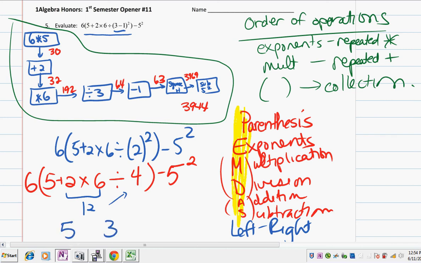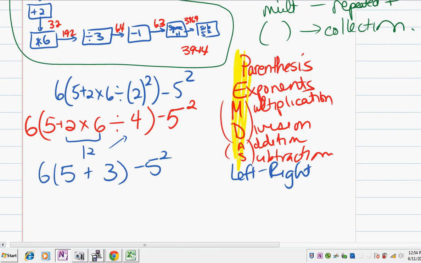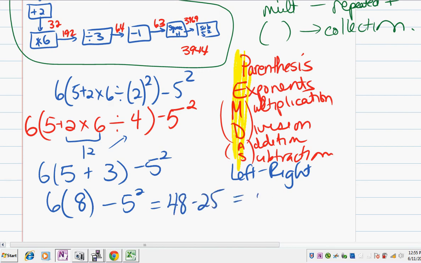So now I have 5 plus 3, minus 5 squared. So now I have 6 times, in the parentheses, 5 plus 3 is 8, minus 5 squared. 6 times 8, 48, minus 25, which is 23.